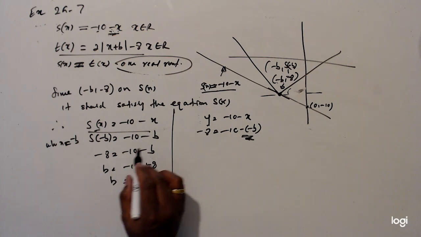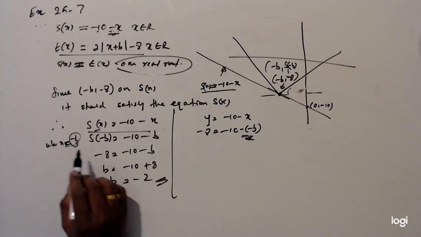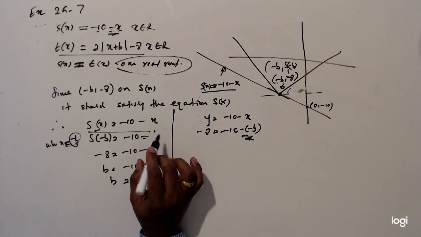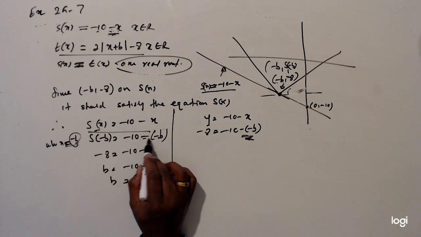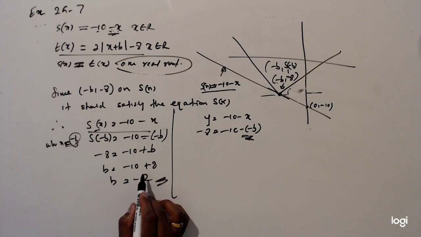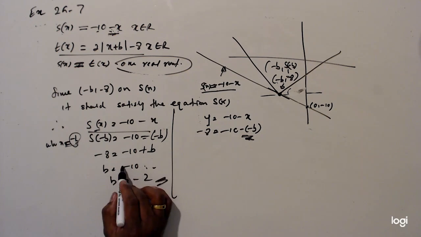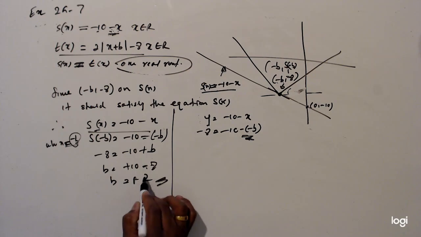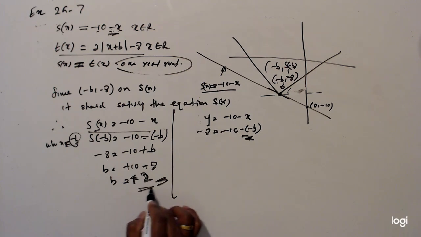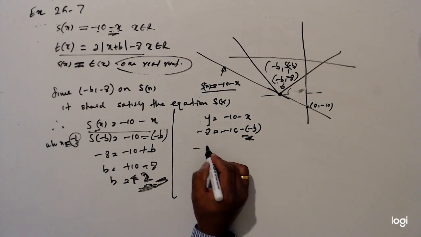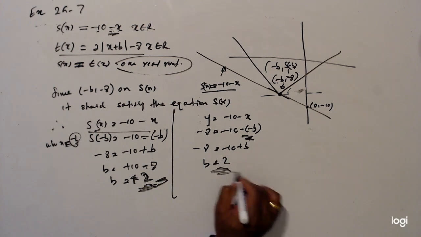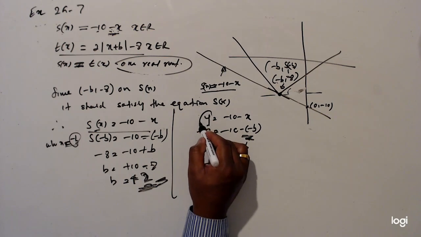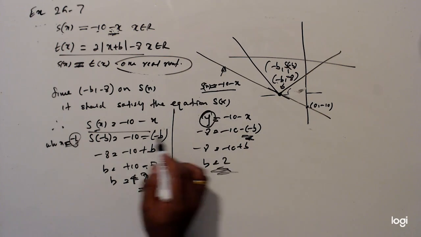I realize the x value is minus b, so then minus minus b, which is plus b. So then b equal plus 10 minus 8, which is plus 2. So b equal plus 2, in this form y equal, not sx.